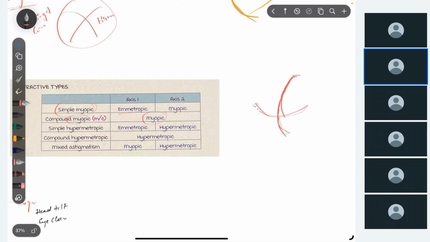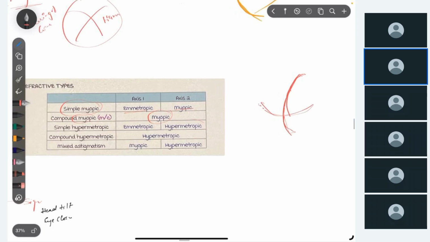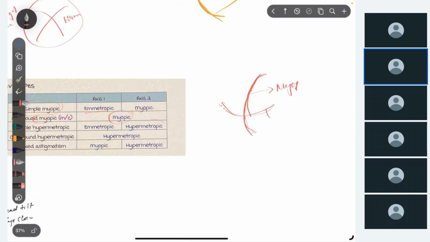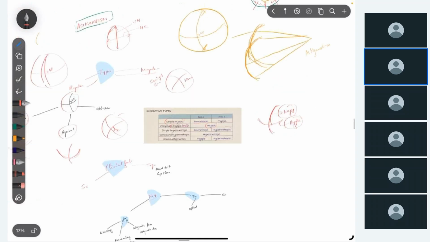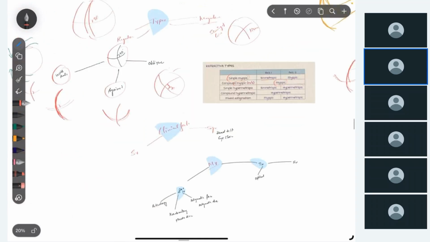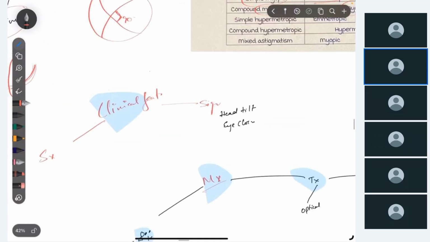If one of them becomes hypermetropic, you call it simple hypermetropic astigmatism. If both of them become hypermetropic, you call it compound hypermetropic astigmatism. Mixed astigmatism is where one becomes myopic and the other becomes hypermetropic. That is, the refractive errors are different in the two planes, the vertical meridian and the horizontal meridian.